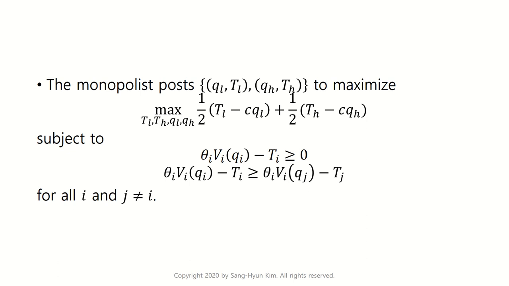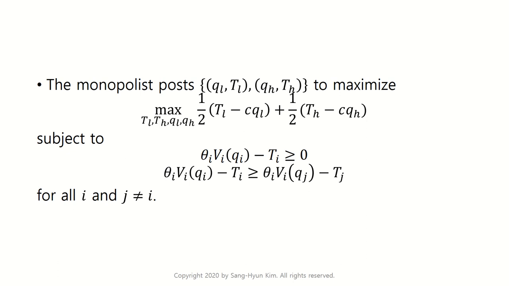Same for the H-type: the H-type consumer pays as much as TH, and QH is the quality that the high-type consumer enjoys. Half of the consumers are low-type, half are high-type. So the profit can be written like this: half times TL minus C times QL, where C times QL is the production cost to produce the low-type good, plus half times TH minus C times QH, where C times QH is the production cost to produce the high-type good.